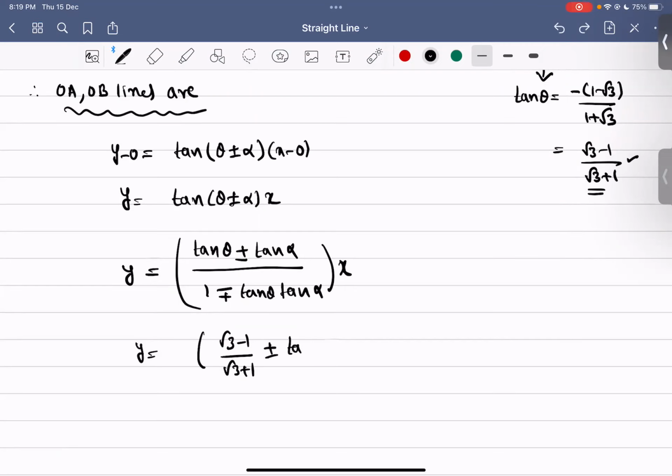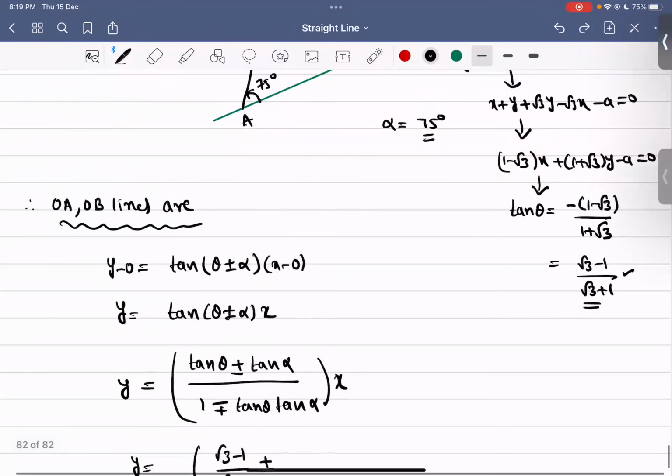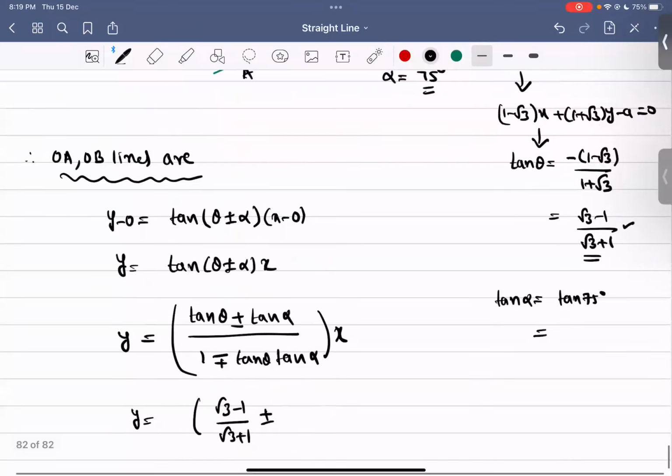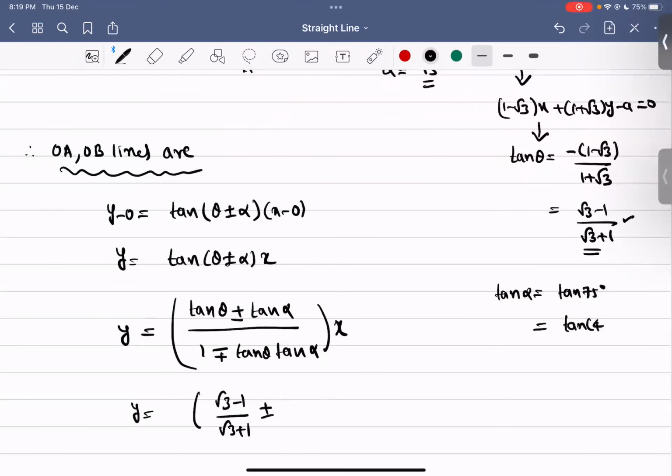Otherwise we calculate tan 75 degrees and we substitute. Therefore tan alpha is equal to what? Tan 75 degrees is nothing but tan of 45 degrees plus 30 degrees. That is (tan A plus tan B) by (1 minus tan A tan B).